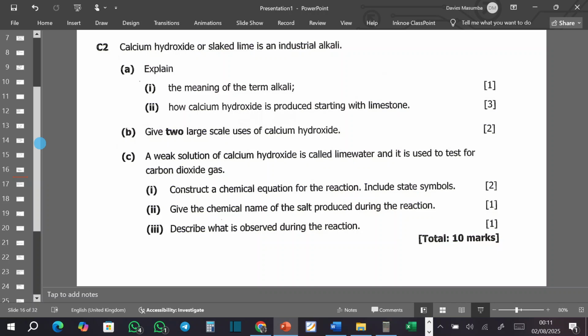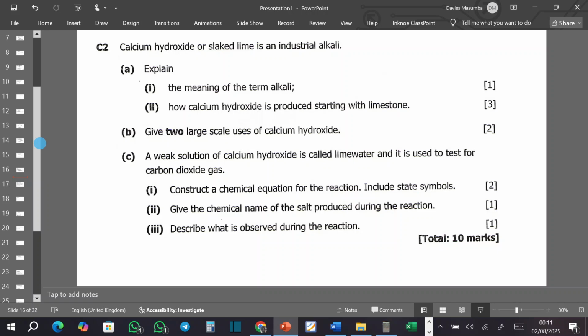Roman numeral 2, explain how calcium hydroxide is produced, starting with limestone. Then B, give two large-scale uses of calcium hydroxide.